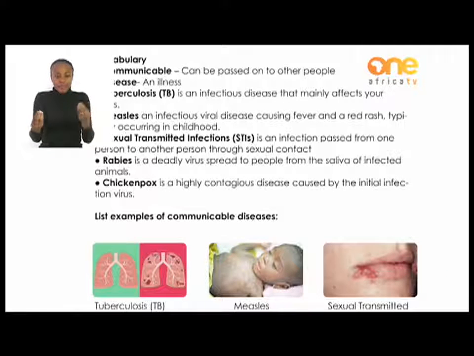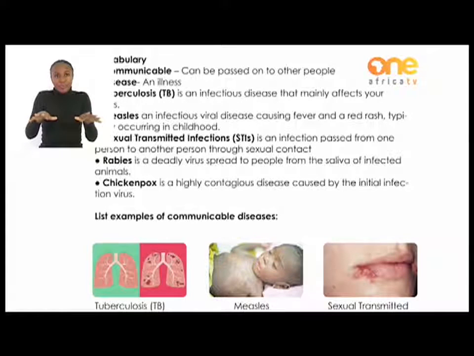Sexually transmitted infections, which is STIs, is an infection passed from one person to another through sexual contact. Rabies is a deadly virus spread to people from the saliva of infected animals. And lastly, chickenpox is a highly contagious disease caused by the varicella-zoster virus.